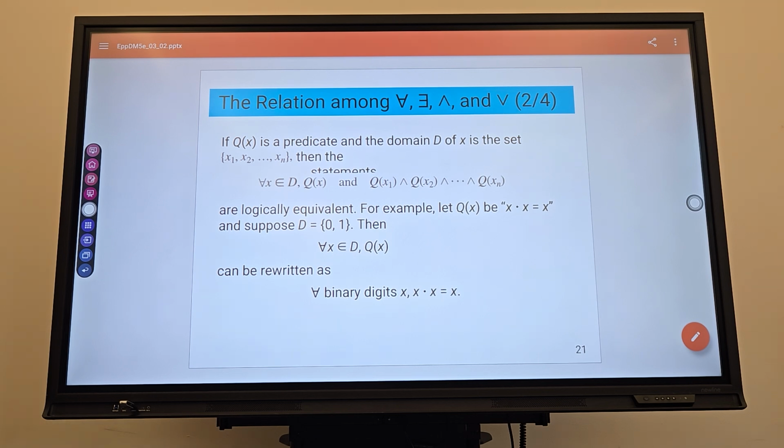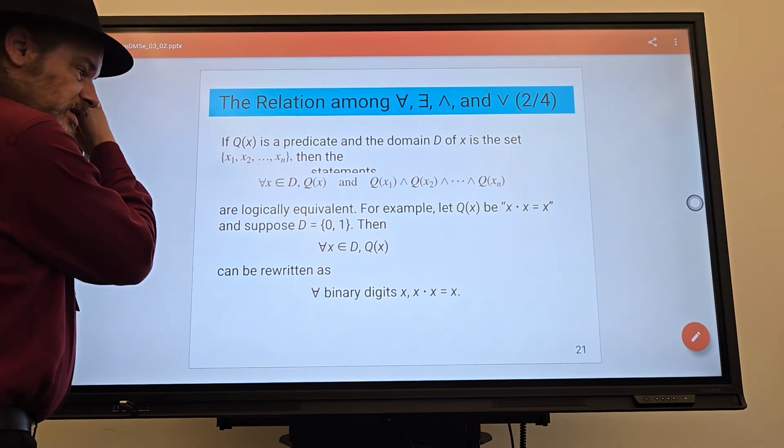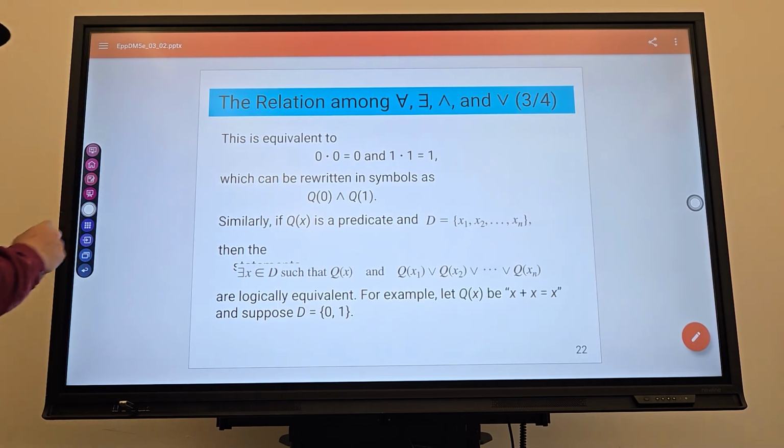For all binary digits, x times x equals x. You can see that's true because 0 times 0 is 0 and 1 times 1 is 1. So it can be written as Q of 0 and Q of 1.